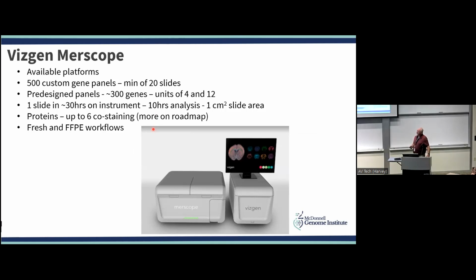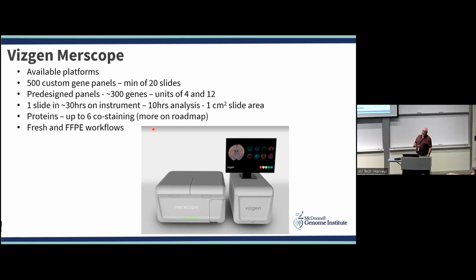But so VizGen, this is one of the early groups that we engaged with. And they have available platforms. So I'll go through the same common theme. They can do about 500 custom genes at a time, minimum of 20 slides for that. They have pre-designed panels that are about 300 genes. Some of these numbers are a little dated, and they continue to grow.